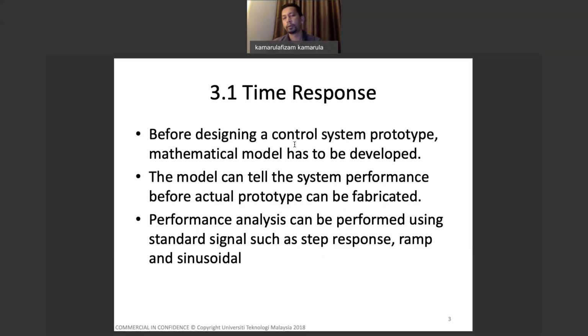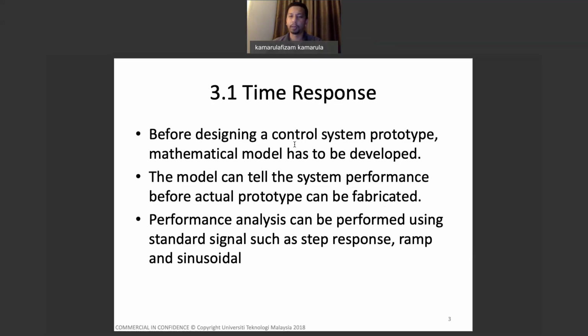When we have this model in hand, we can predict the performance of the system long before it is fabricated. So when we identify an issue with the model, we can make modifications, and once the model is stable, then we can proceed to fabricating the control system.